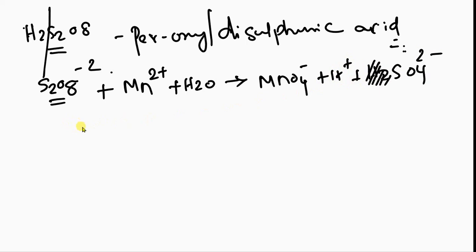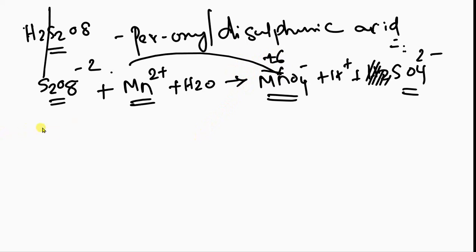So what we have to understand, the S2O8 2 minus gets converted into SO4 2 minus, and the Mn2 plus has been converted into MnO4 minus, that is from plus 2 to plus 7 oxidation state.